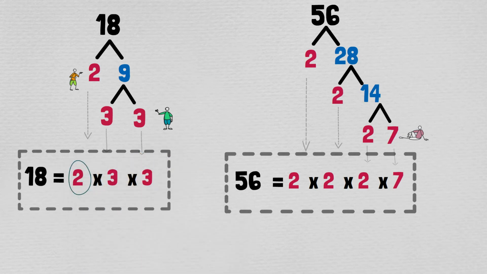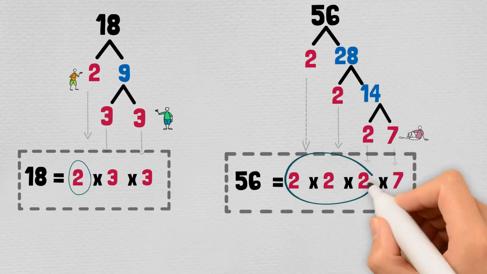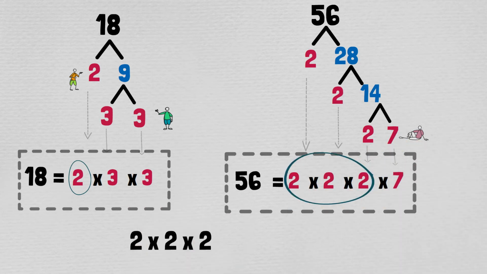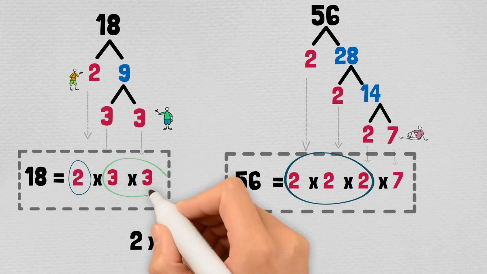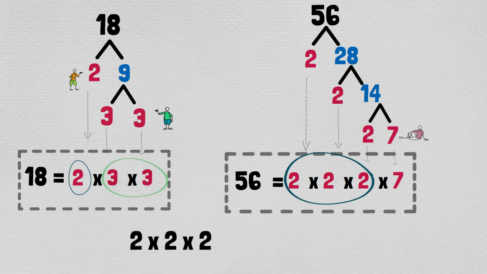2 is present once in the factorization of 18, but is present 3 times in 56. Therefore, we take 2 times 2 times 2. 3 is present 2 times in the factorization of 18, but is not a factor of 56. Therefore, we take 3 times 3.